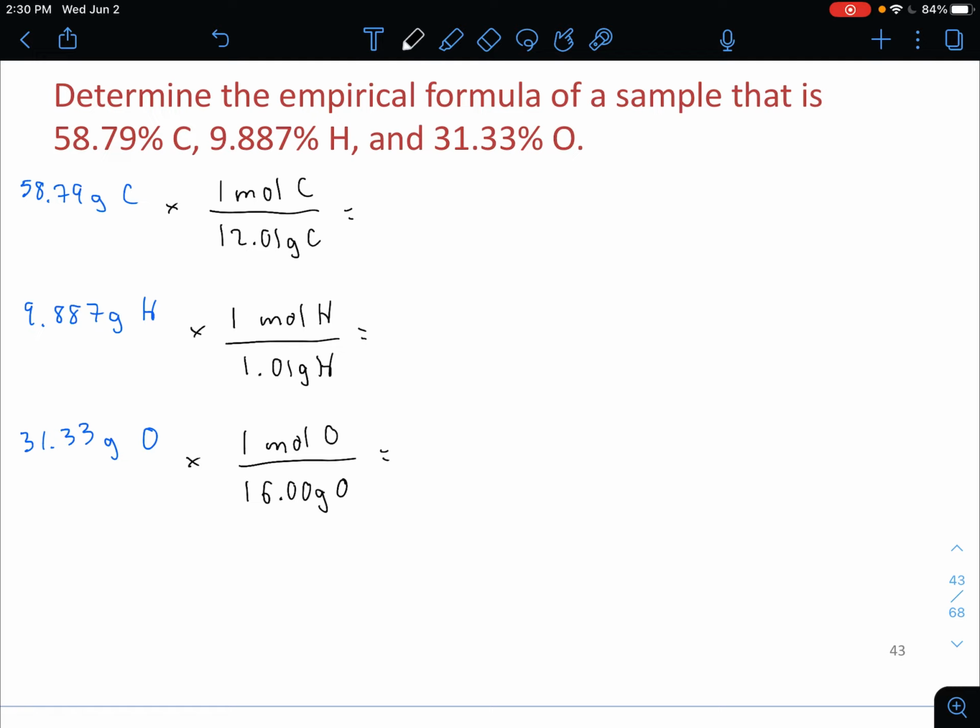All right, let's get these. So 4.895 moles of carbon, 9.789 moles of hydrogen, and 1.958 moles of oxygen.